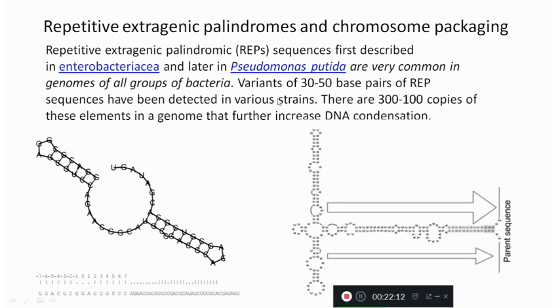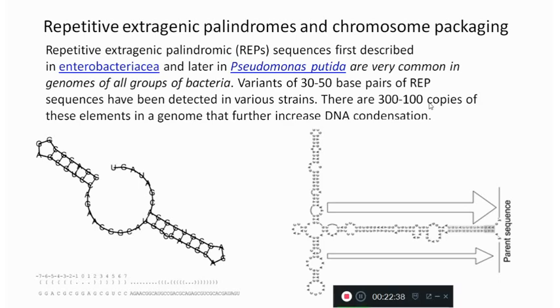They are 30 to 50 base pair long repetitive elements in palindromic sequences, so they can hybridize with each other. You can find about 300 to 1,000 copies of these elements in a genome. It varies among different species, from bacteria to bacteria.